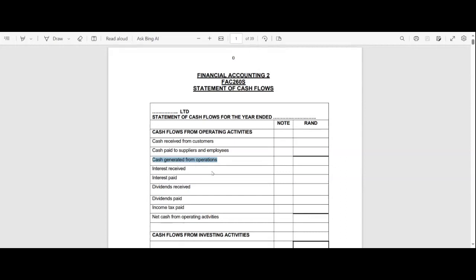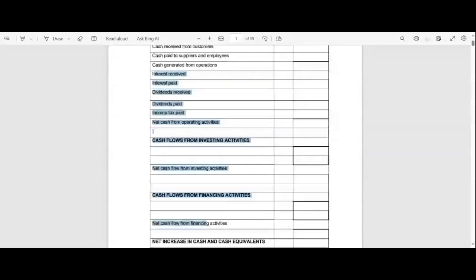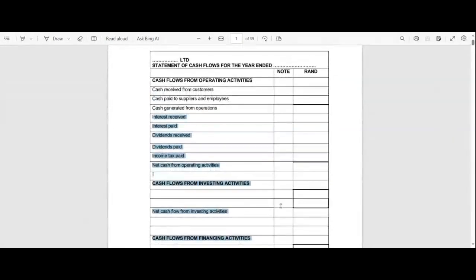Now, in fact, ladies and gentlemen, the only difference between the direct method and the indirect method is how you arrive at the cash generated from operations. All of the rest of the statement, and we'll see it goes right down to there, and we're going to talk about all of that during the course of today.